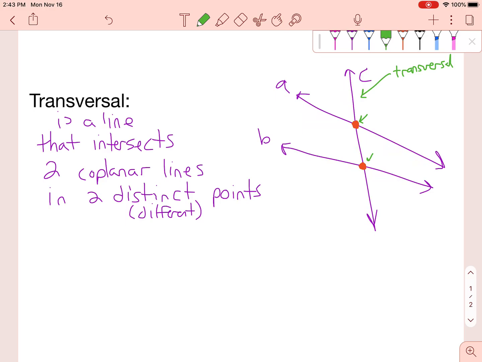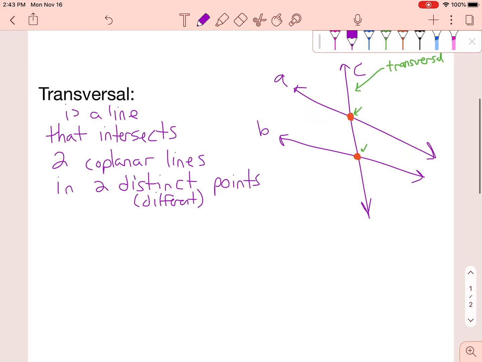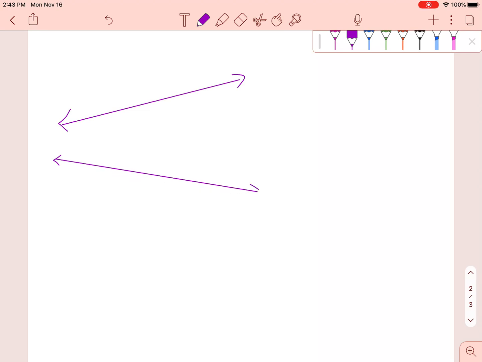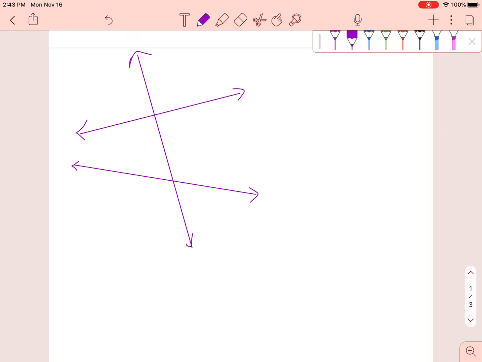Okay, and this is going to lead us into naming all different kinds of angles. So when we have a picture that kind of looks like this, I'm going to draw two options here. So we'll do one kind of like this. I'm going to draw it obscure so they don't look like they're parallel, because you cannot ever assume something in my class. So I'm just going to draw it so they don't look parallel.